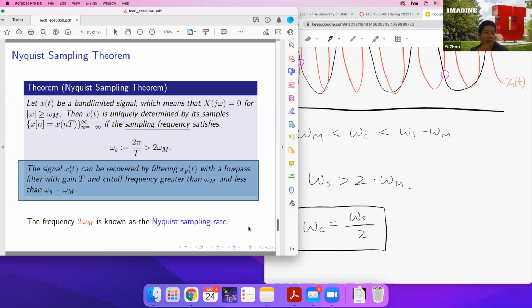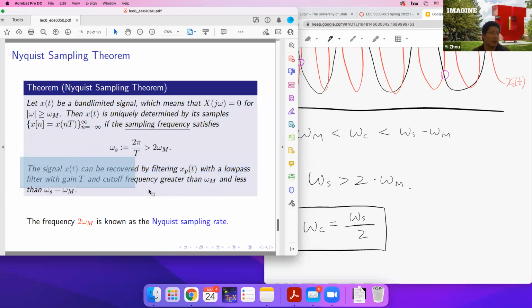And this opens another fundamental question in the signal processing domain. Here we are considering recovering the signal by low pass filtering. This is a very specific approach for signal recovery.